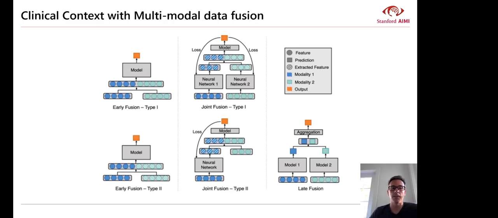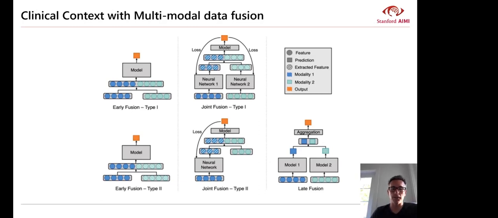Joint fusion is in the middle of the extremes, where it joins the features at the input level, but the loss is propagated back to the feature generating model, or intermediate fusion, which has learned feature representations from intermediate layers of neural network models combined with features from other modalities as input to a final model. So you can get a sense that there are a couple of different approaches to joint fusion.